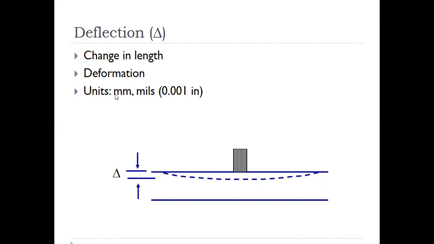Its units are millimeters and mils. That means 0.001 of an inch is a mil, because the deflections are not in meters. Deflections are in very low values and should be in low values, otherwise the pavement would have failed. So that's why we express mils, where 1 mil is 0.001 inch.